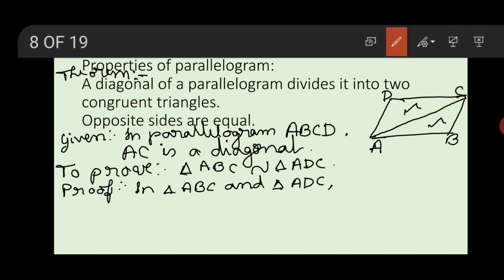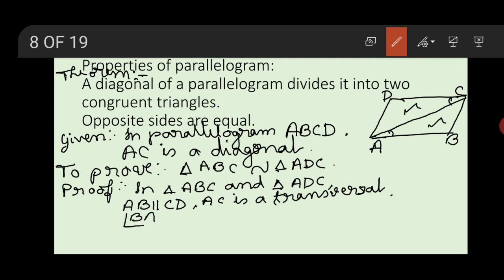Now write down: AB is parallel to CD and let AC be a transversal. Then which two angles are equal? See, I will mark here. These two angles are equal.